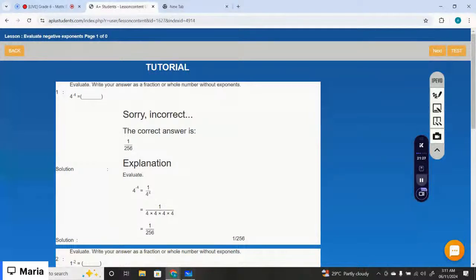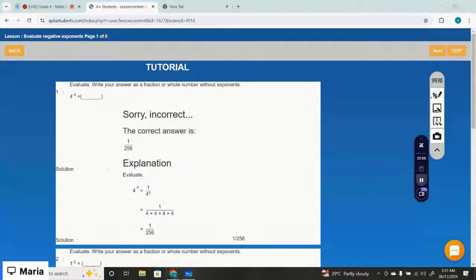Write your answer as a fraction or whole number without exponent. 4 exponent negative 4. So how do we evaluate the negative exponents?